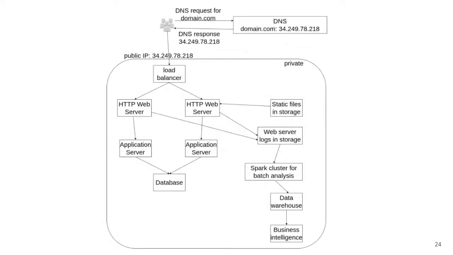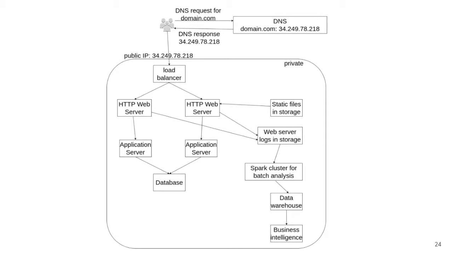Okay, so here's another example. Suppose we have our own website. That means we need a network with a public IP address. Then you have maybe a load balancer and 2 web servers.